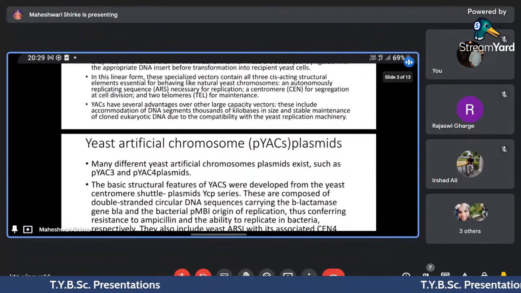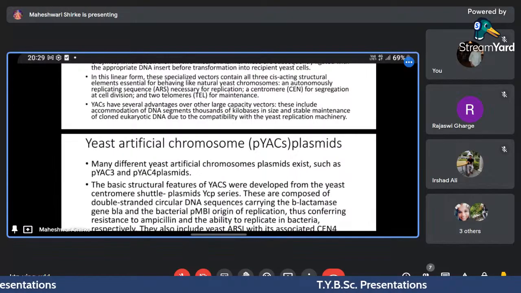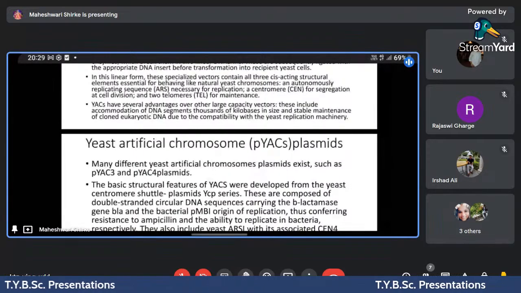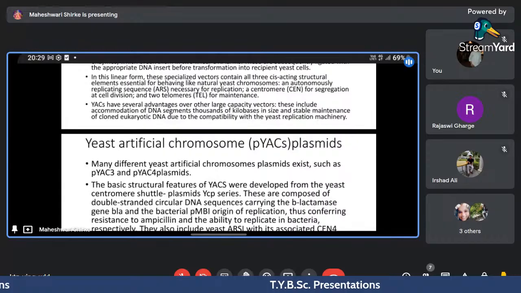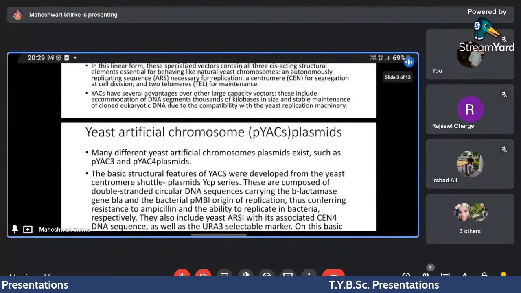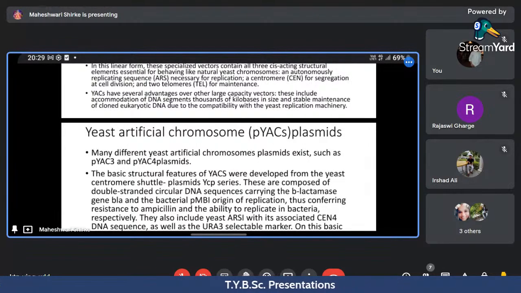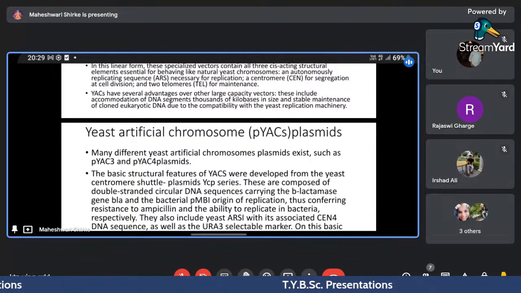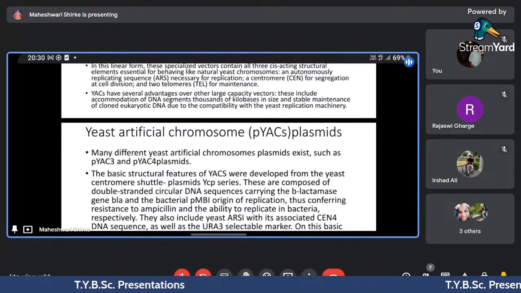In this linear form, this specialized vector contains all three cis-acting structural elements essential for behaving like natural yeast chromosomes and replicating autonomously: a replication sequence, a centromere for segregation at cell division, and two telomeres for maintenance.